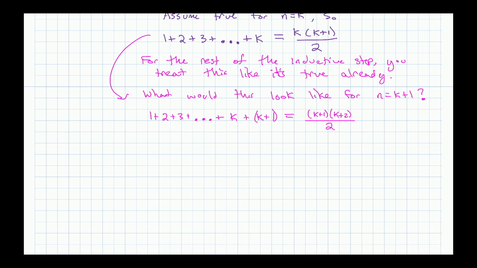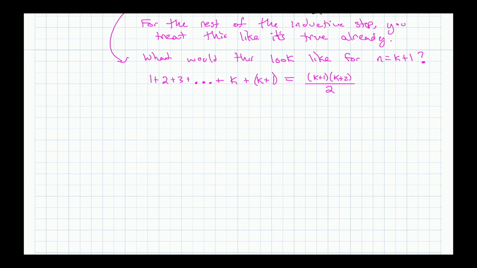That's what it would look like. And so what I just wrote down is actually what we're supposed to be showing is true. So the above line is what we're supposed to be trying to prove in this step.